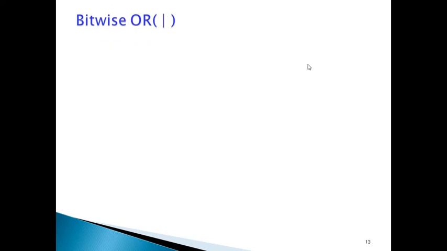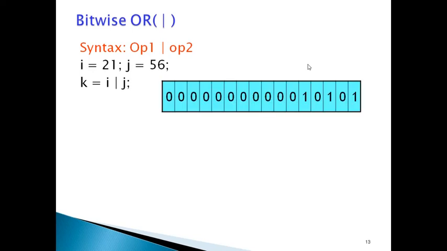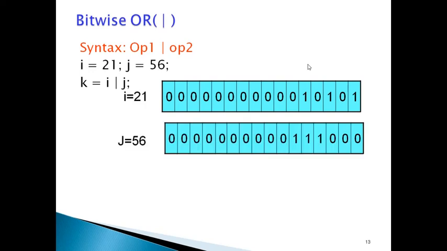Now we will see the bitwise OR operation. Here i value equals 21, j value is 56, k is equal to i | j. These i and j values are converted into binary format.